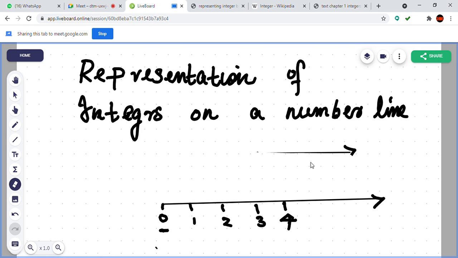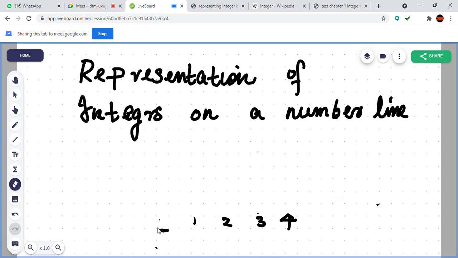All of you use your scale and pencil. Use all the drawings with the scale and pencil only.